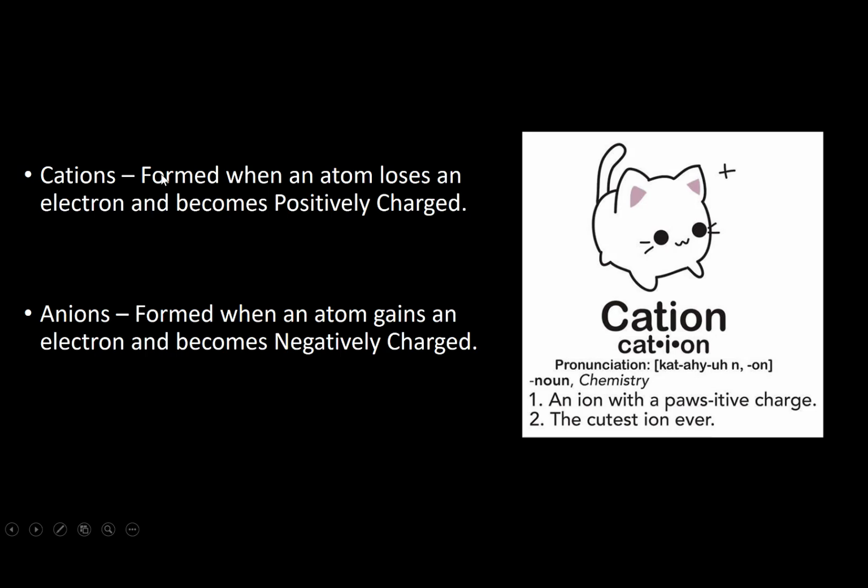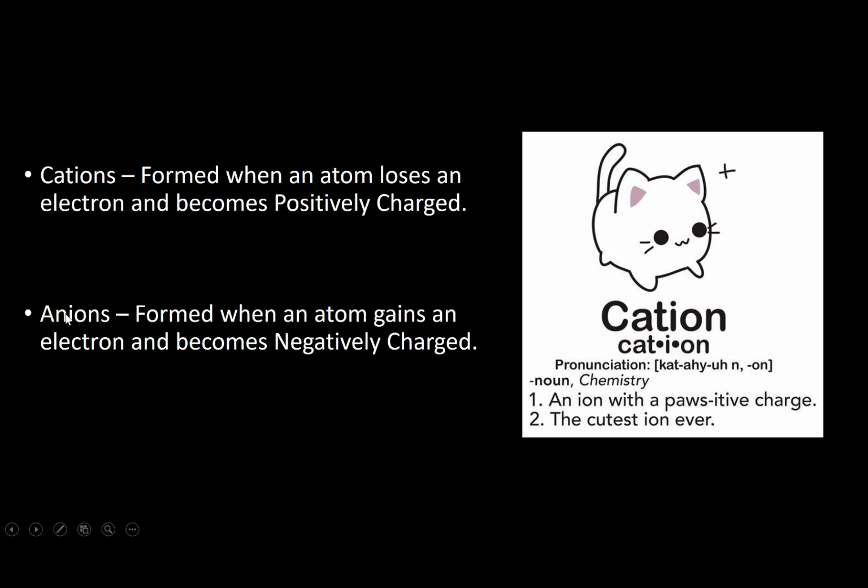So cations are formed when an atom loses an electron and becomes positively charged. Now, the only clarification there is an atom could lose more than one electron. You could have ions with 2 positive charges and 3 positive charges. That's fine with cations. They can be not just 1 positive charge, but 2, 3, and even 4 positively charged.